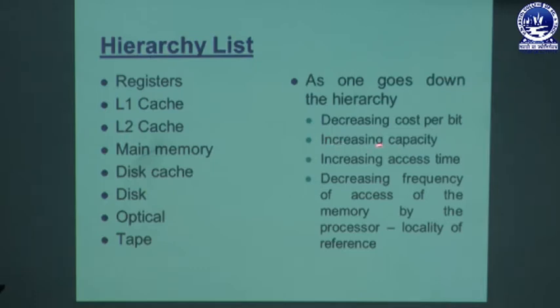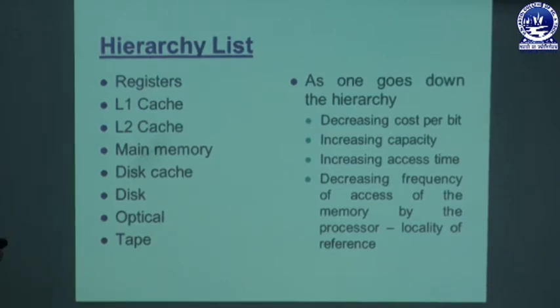Then increasing the capacity. The register size, which I have discussed in our previous lectures, is equal to the size of a word. It may be 16 bit, 32 bit or 64 bit. But the main memory size is somewhere around 4 GB like our RAM. Then the optical disc or tape comes in the capacity of 1 TB, 2 TB like this.